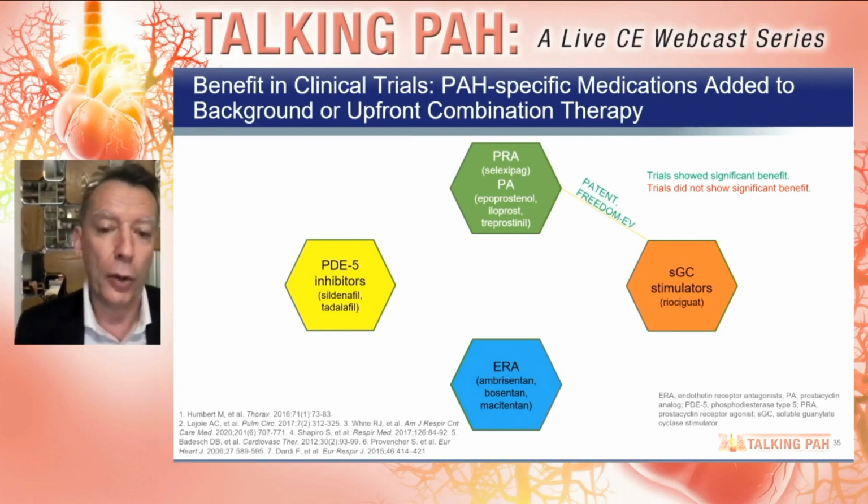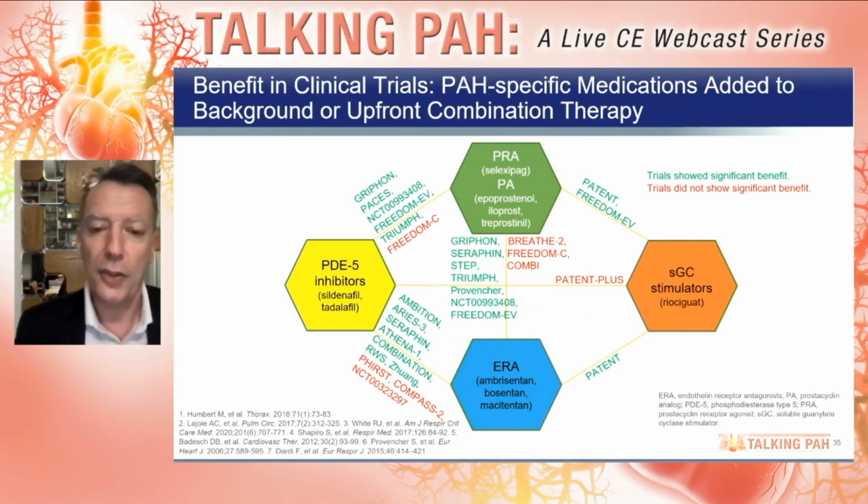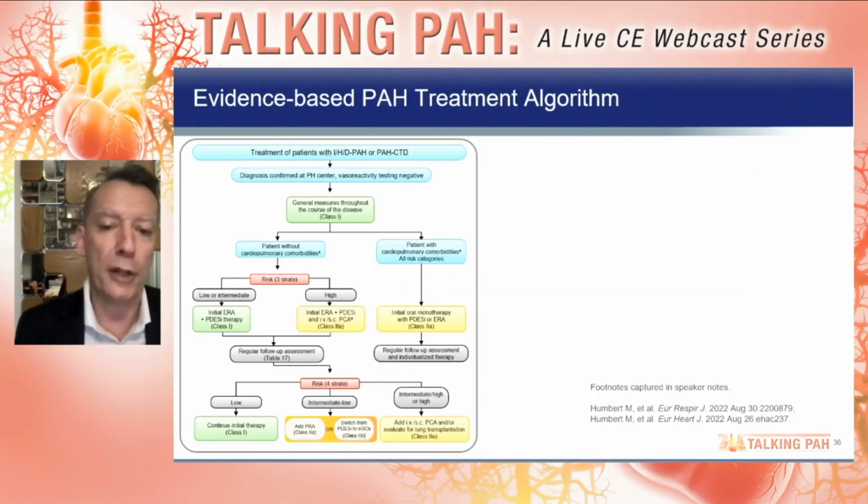And you see here all the randomized control trials which have tested combinations of drugs together. It's quite impressive for a rare disease. There is a huge number of randomized control trials convincingly demonstrating that either initial combination therapy or sequential combination therapy is the way to go in symptomatic PAH in low, intermediate, or high risk baseline status according to the three strata.